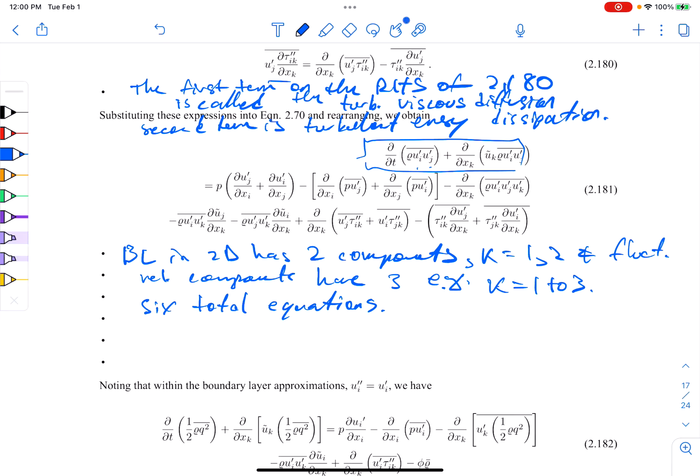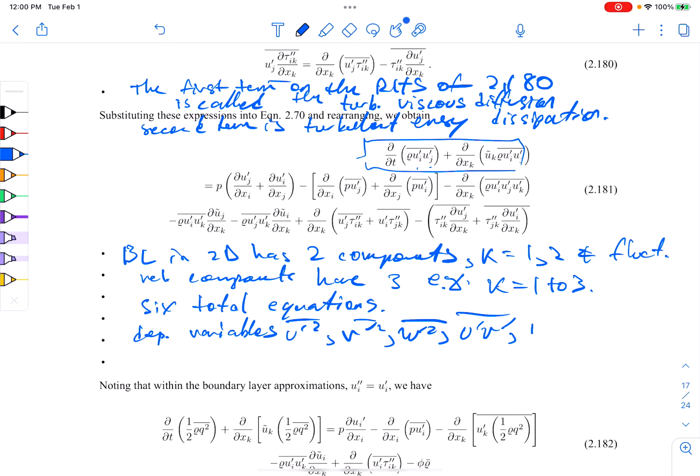Okay, so what are the dependent variables in that set? They would be u prime squared, v prime squared, w prime squared, u prime v prime, u prime w prime, and v prime w prime, which is a lot.